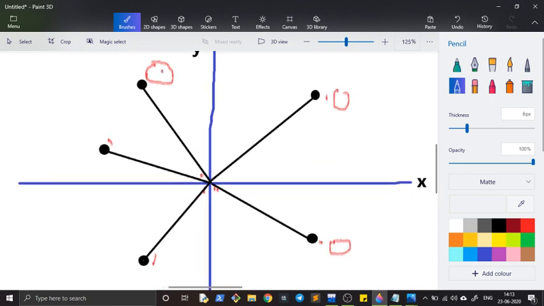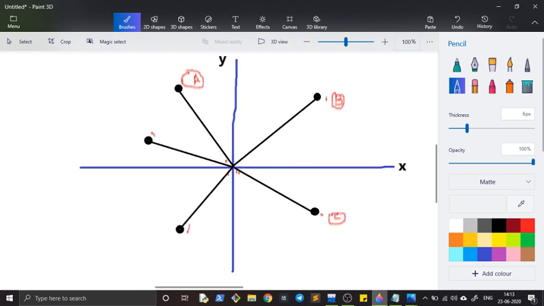So A will collide with B, A will collide with C, and C will collide with B. Let me write it out for you. So there will be three separate collisions.